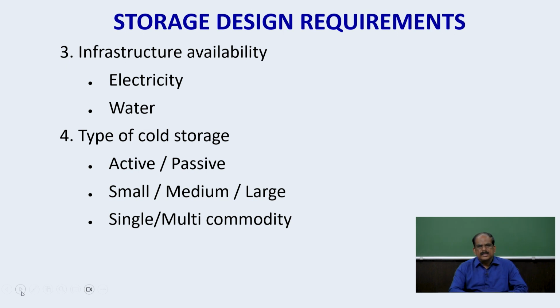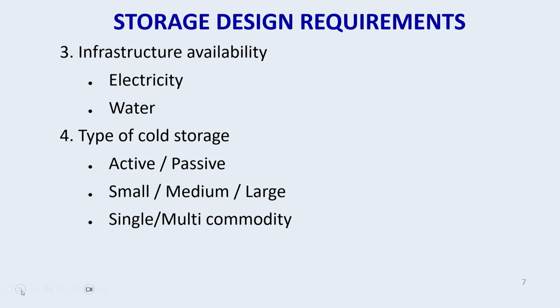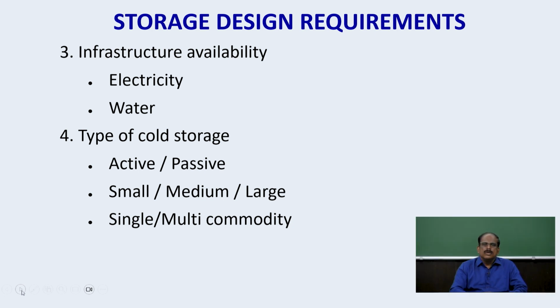And here I would like to tell the difference between a cold room and a cold storage. Normally, cold room refers to a single room. Normally, the standard height is about 10 feet, which is about 3 meters. A cold room is normally used for storing similar type of commodity or a single product, not multiple products.